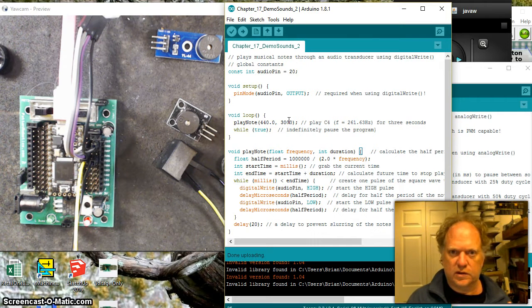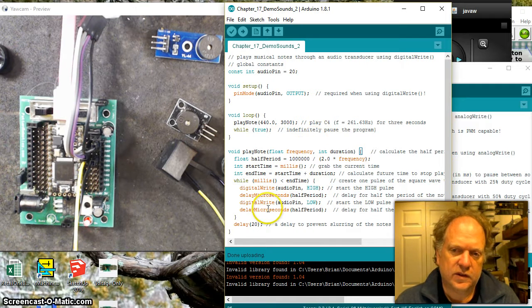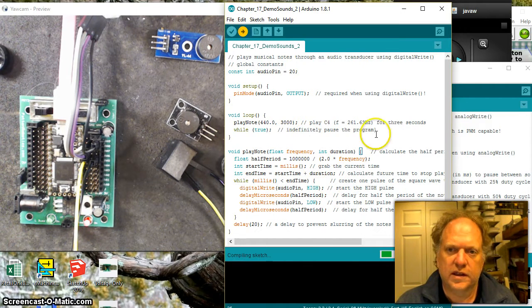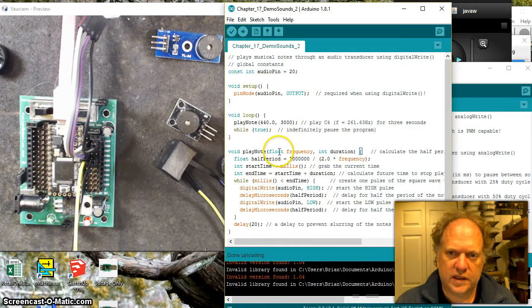A low note is going to play slower than a high note. And so what he's done is he takes a start time and an end time. So he's actually going to be looking at system time to figure out exactly how long that should go. So if I play this, it's going to play for 3 seconds a C4.